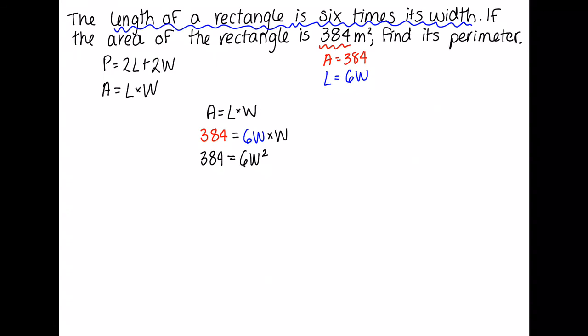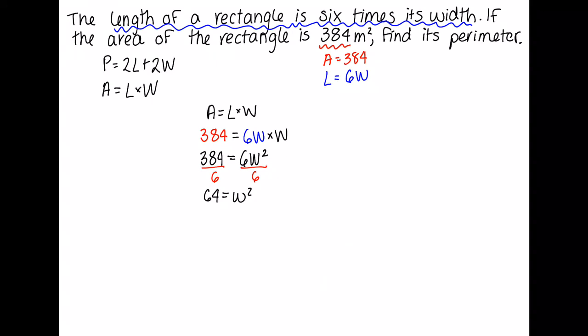To solve for w, we're going to divide by 6 first. So we have 384 divided by 6, which is 64. 64 is equal to w squared.